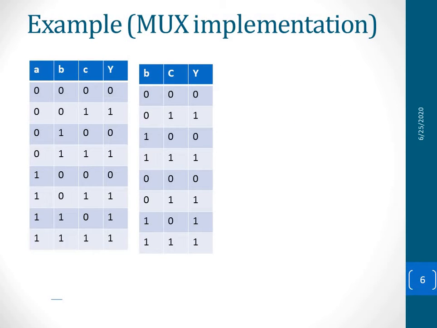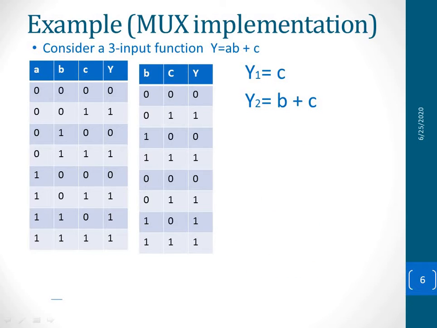So let us look into an example. Here I have an example which is a function of 3 variables a, b and c, and the output is y. The function y is ab plus c.